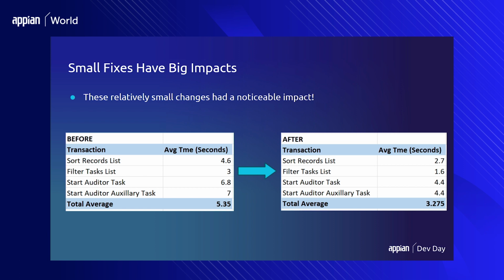So over the years, I've kept these sort of metrics with me because I like talking about this topic, in case you couldn't tell. And just by those changes alone, indexes, batch size, modifying a view, we were able to essentially change the average time by a little over 2 seconds, from 5.3 to 3.275.